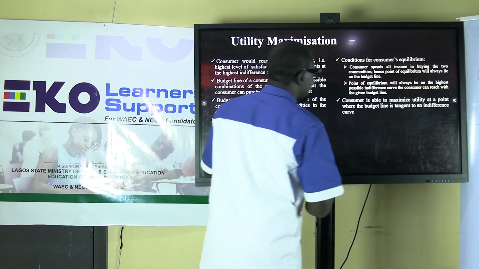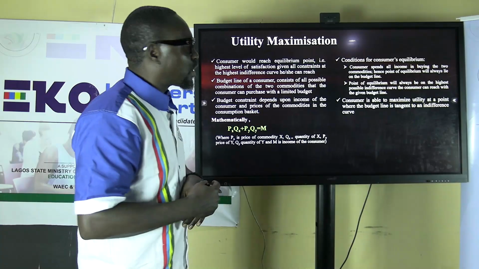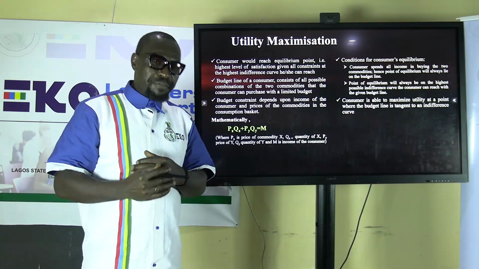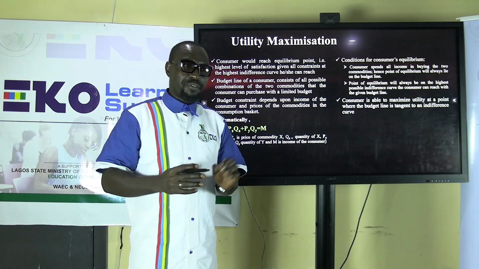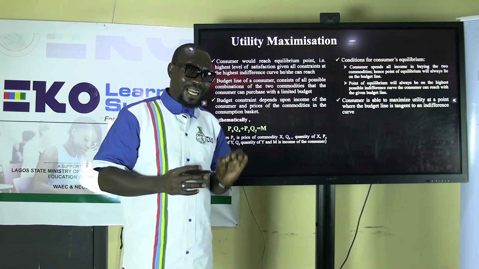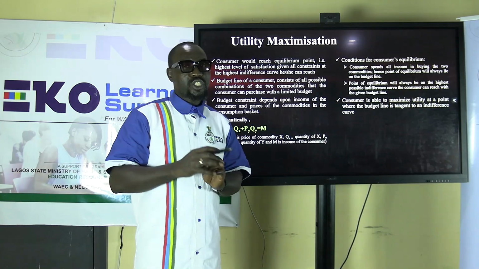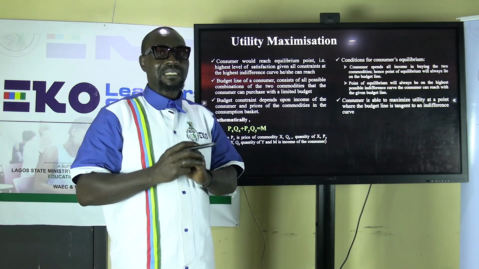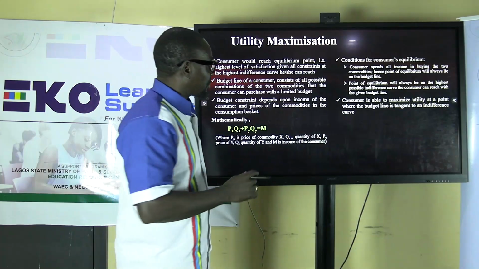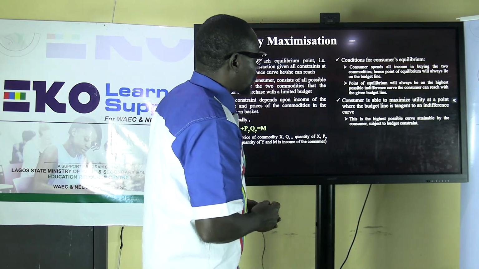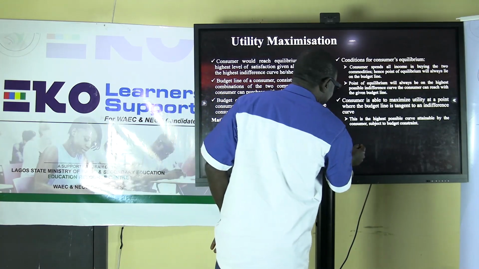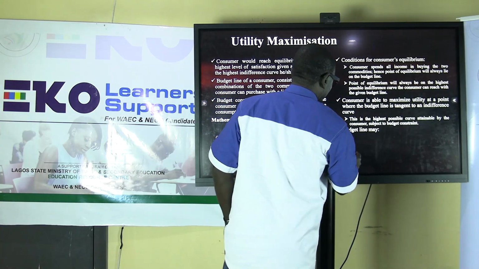Therefore, the point of utility maximization for the consumer, given the budget constraint, is the tangent of the budget constraint or income line and the indifference curve that provides the maximum satisfaction. This is the highest possible curve attainable by the consumer subject to his budget constraint, like we saw.